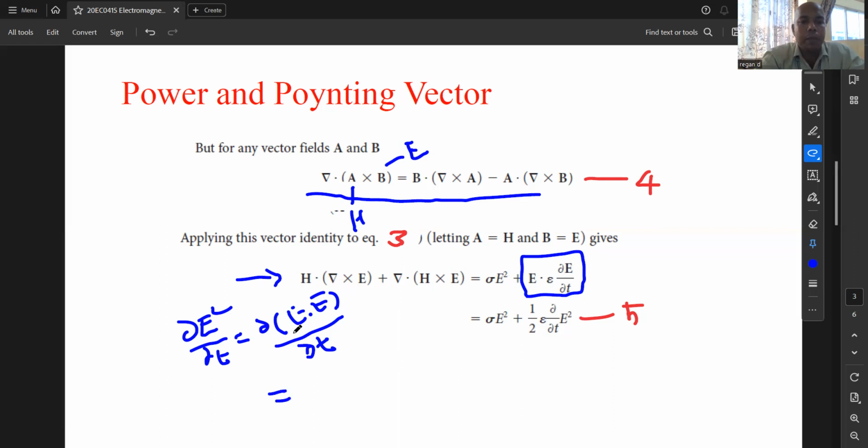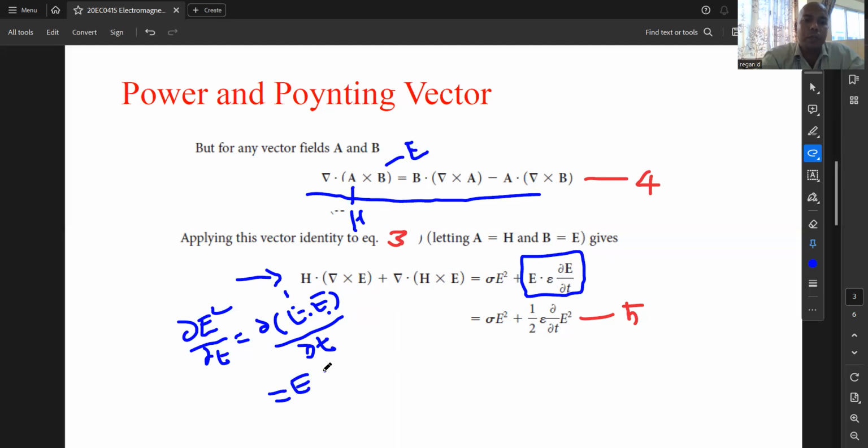Now I'm applying here the UV formula for differentiation. First I'm differentiating this E with respect to this, and the same way this E with respect to this E, so that we are applying simply the UV formula.